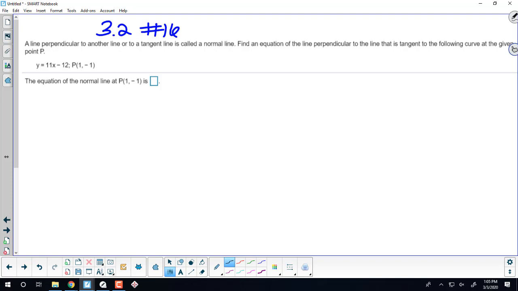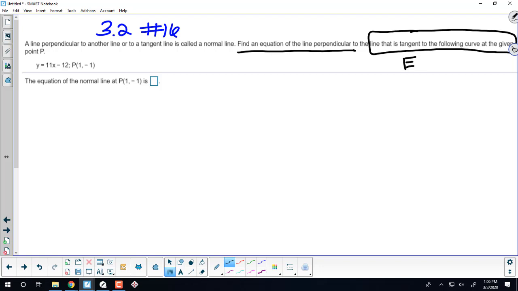Find the equation of the line perpendicular to the line that is tangent to the following curve at the given point. So find an equation perpendicular to the line that is tangent to the curve at the given point. So that's just kind of a separate problem.